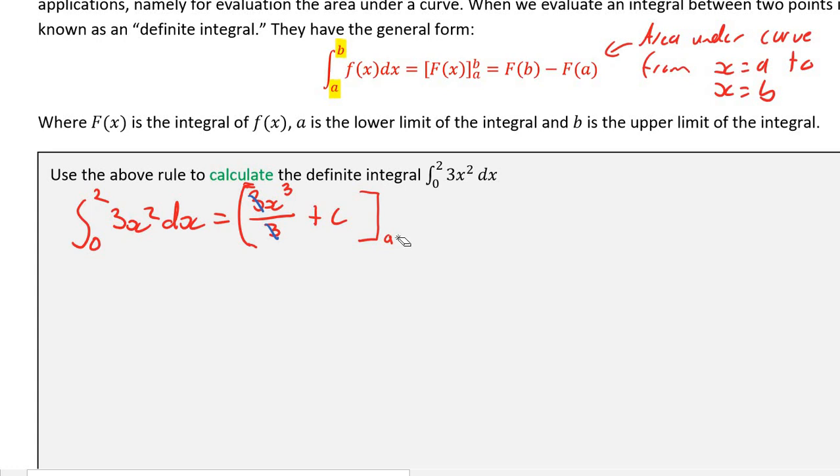Sorry, not a and b. What's my lower bound? 0, and then 2. I'm not quite sure why we go from having it on the left of the function to the right of the function, but that's just the way it's done. So then all we do is we sub in our values, the upper limit, and then minus the lower limit.